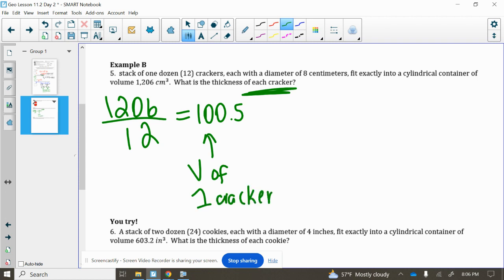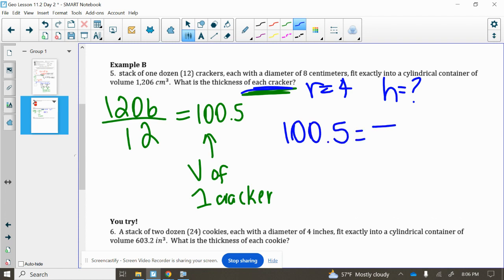Well, from there, if we know each of our crackers has a diameter of 8, that means the radius is 4. And we want to, again, think about the thickness, aka the height, is what we are looking for. So I know that my volume is 100.5, and that's going to equal pi times my radius squared times that height I don't know.